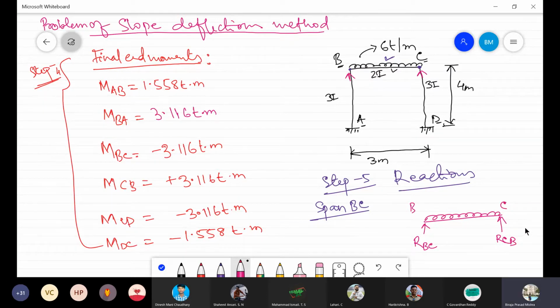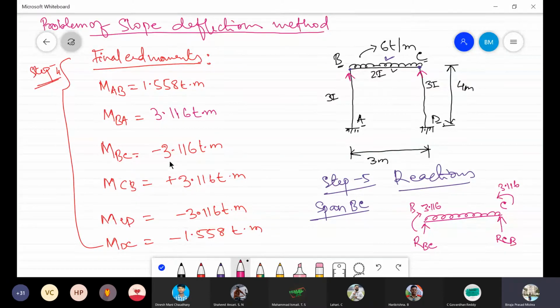Now, what about the moment? You can tell. Moment will be, one will be in this direction, that is 3.116, and another one will be in this direction, and this will be again 3.116.